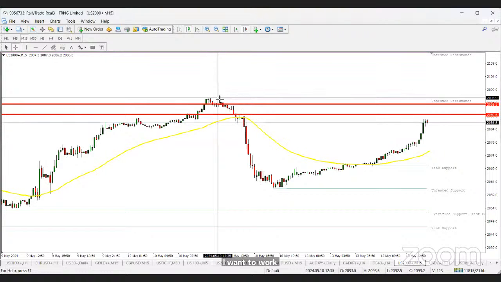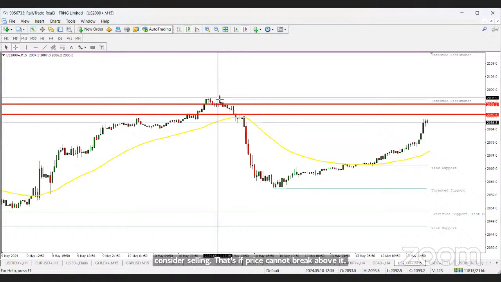I want to watch that place. If price gets there and cannot break above 2095, or above 2096, I will consider selling.